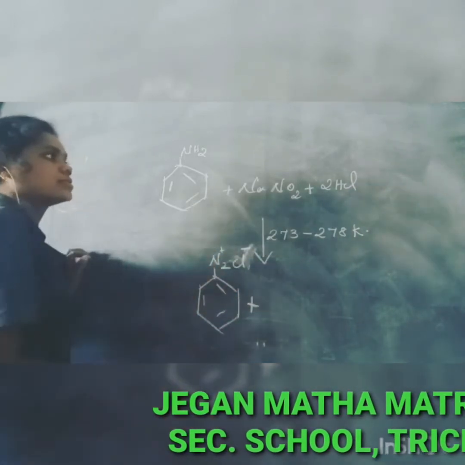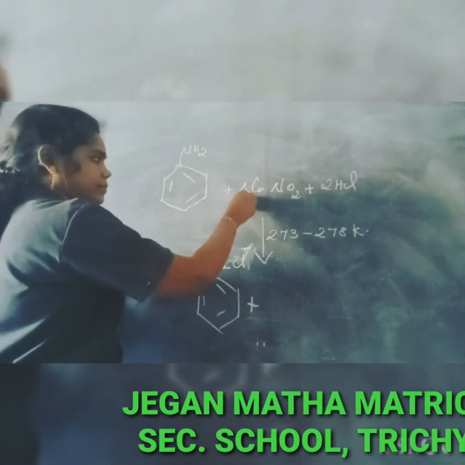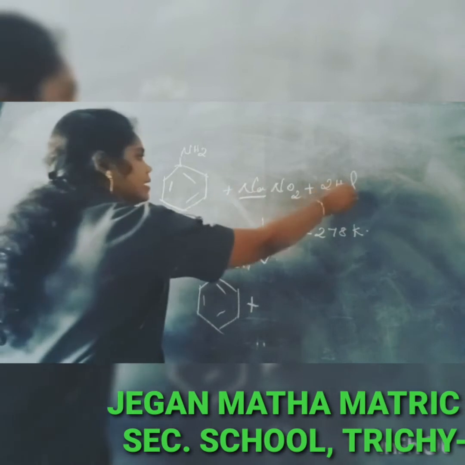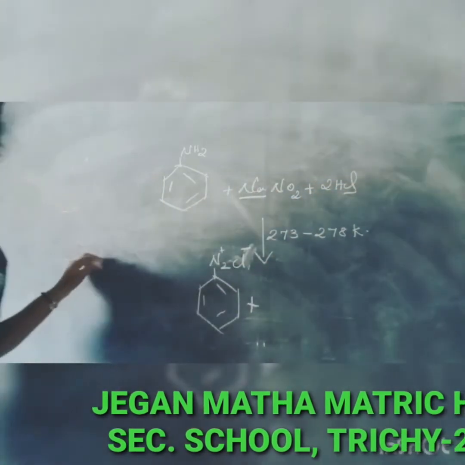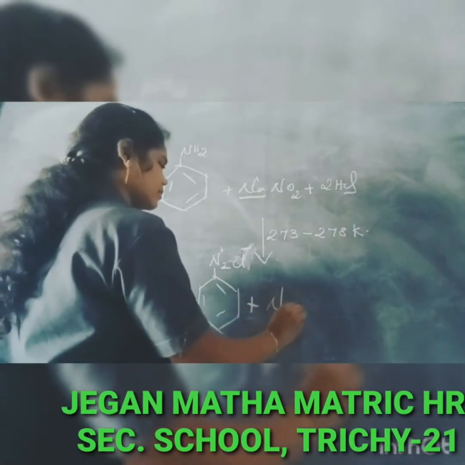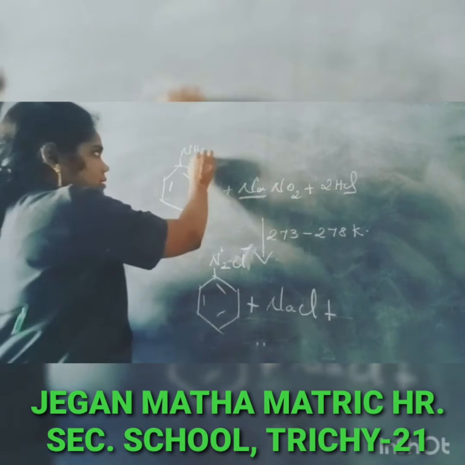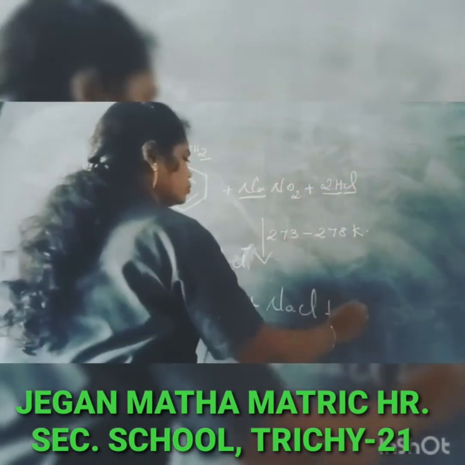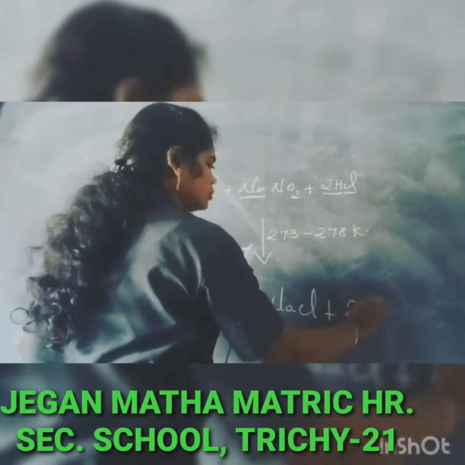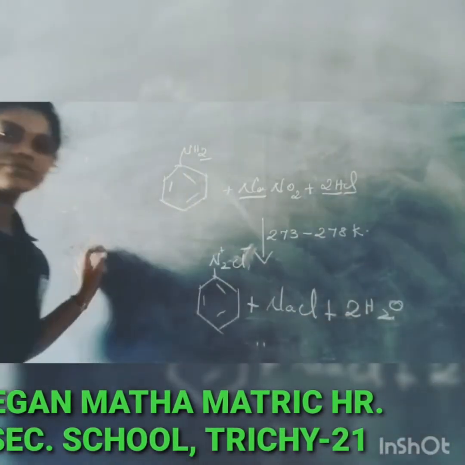Plus sodium chloride is formed, one Na and Cl, NaCl. Plus what is remaining? Water molecules: hydrogen 2 times here and 2 times here, totally 4, so 2 H2, and oxygen 2 times, so water molecules are formed.